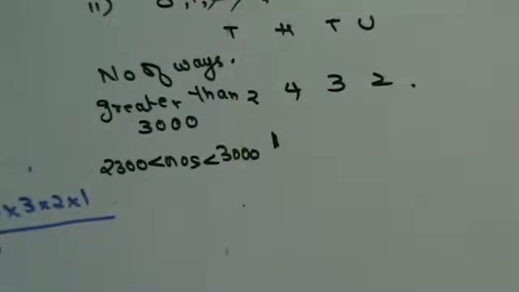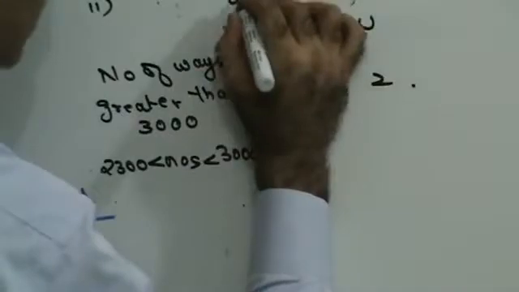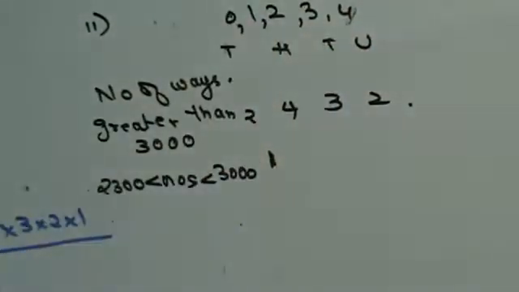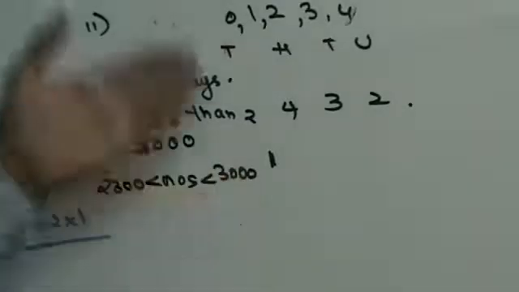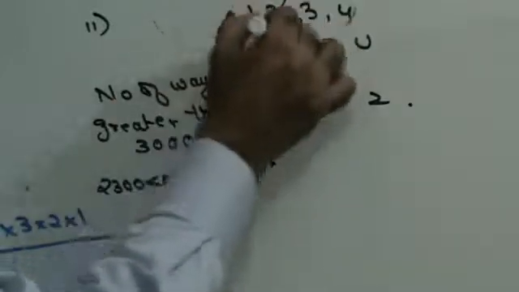There is only one alternative. Except 2, there is nothing else I can fill in that place. 0, 1, 2, 3, 4. If I put 0, it will become a 3-digit number. If I put 1, it will become 1000 something. 3 and 4, I cannot use. So the only alternative in which the thousands place can be filled is 2.